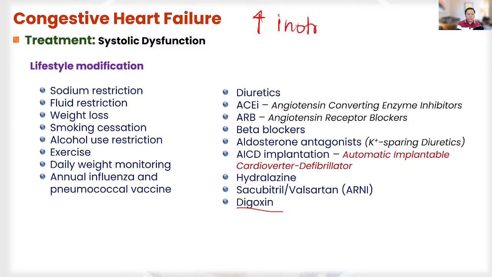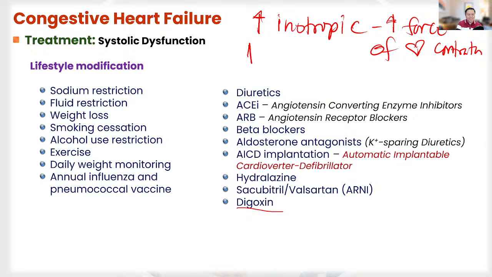Positive inotropic effect, which is going to improve the contractility. Let me rewrite that. There is improvement in the contraction of the heart muscle. It will strengthen the force of the contraction. Let me just put it that way. Increase force of heart contraction.